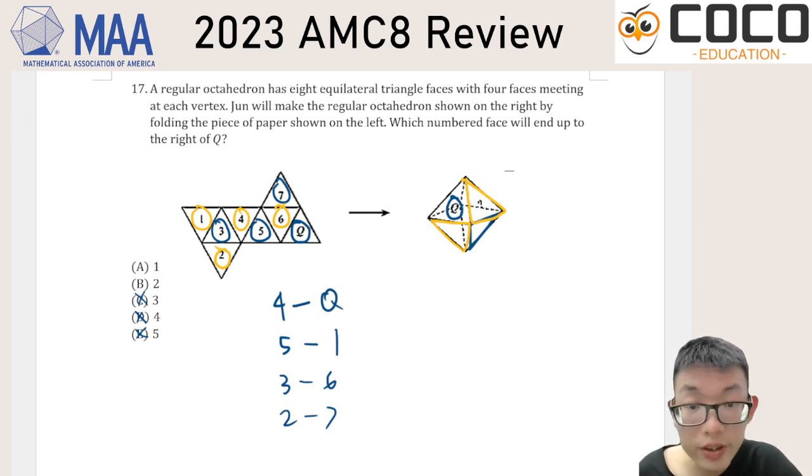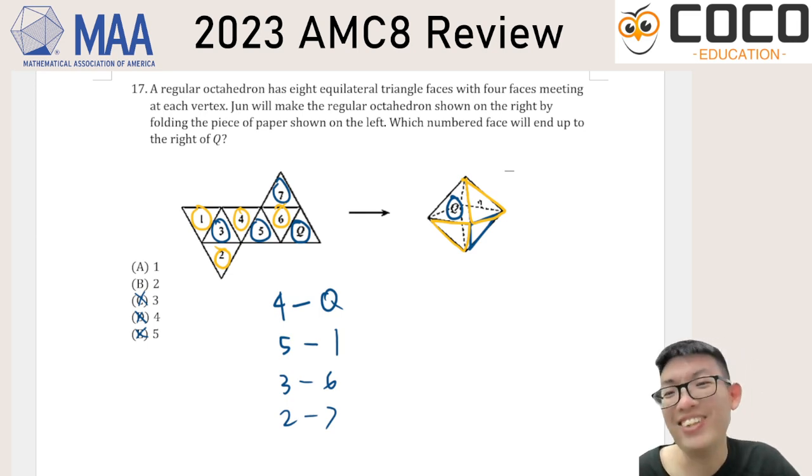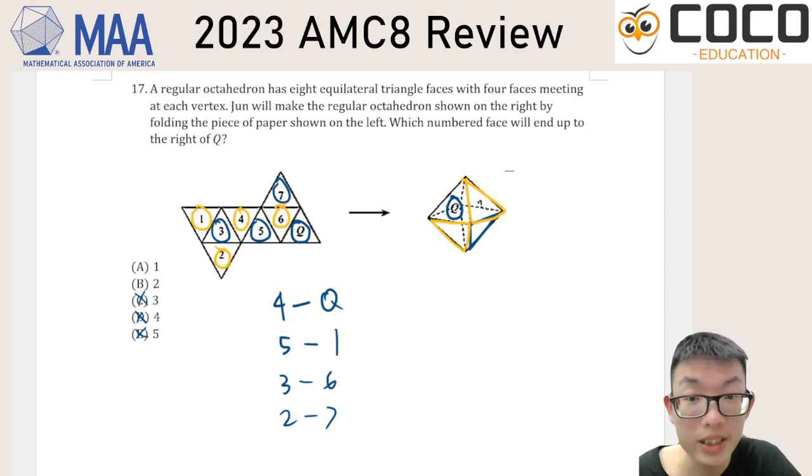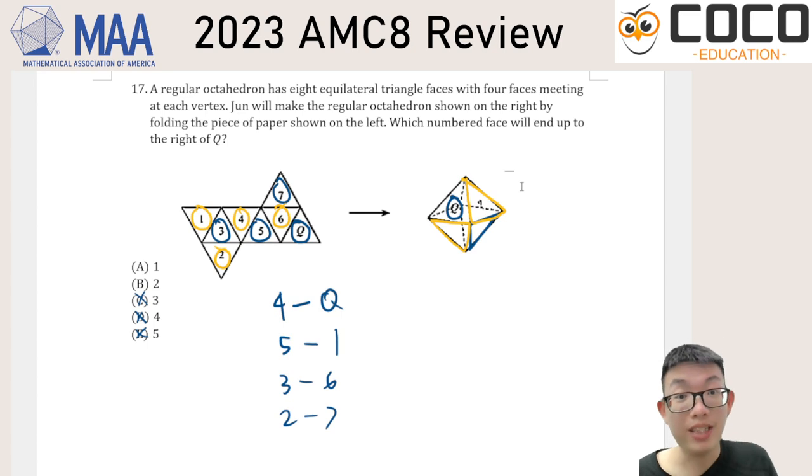Of course, this will still require a little bit of visualization, but I just wanted to give you as much help as we can in case, like me, your visual skills are a little bit lacking. I really don't know what else to say apart from the fact that the one that is opposite is going to be actually the number 1. So the one that's going to be to the right is going to be the number 1.